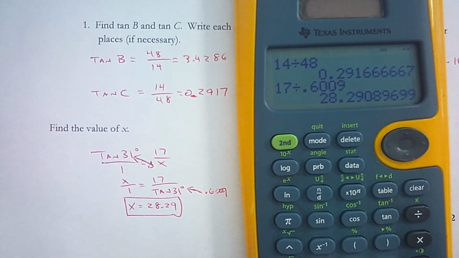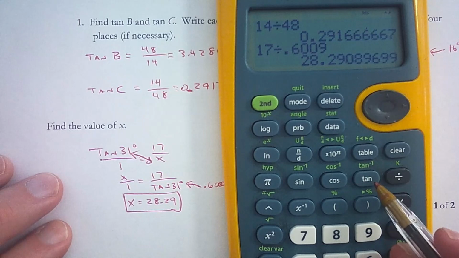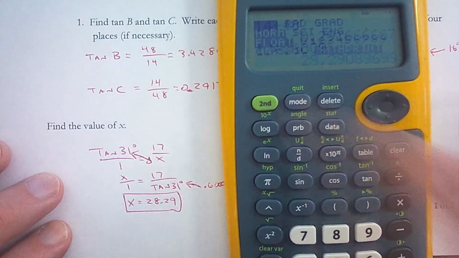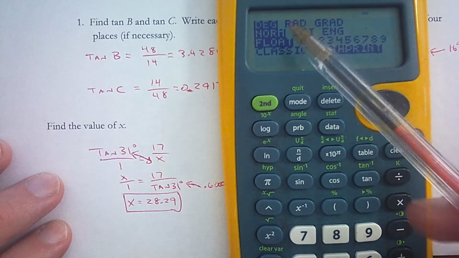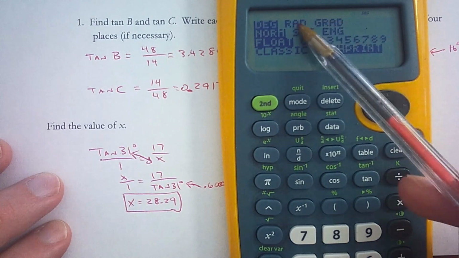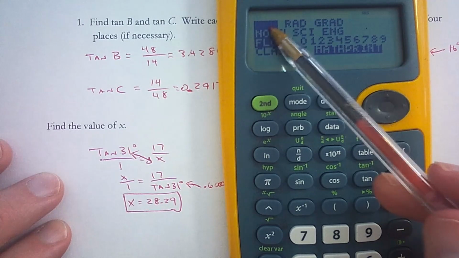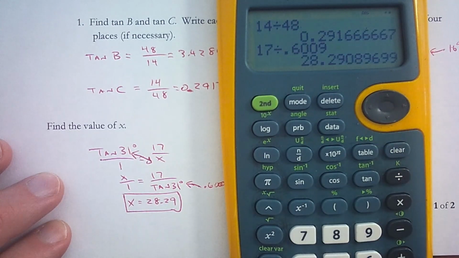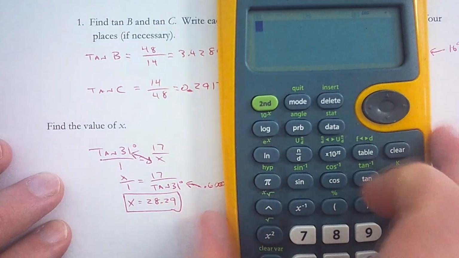Okay, now if you have a calculator with a tangent button, the first thing you want to do is check the mode, and degrees has to be highlighted. If either of these two are highlighted, this will not work out correctly. So degrees has to be highlighted, and it is, so we're ready to go here.